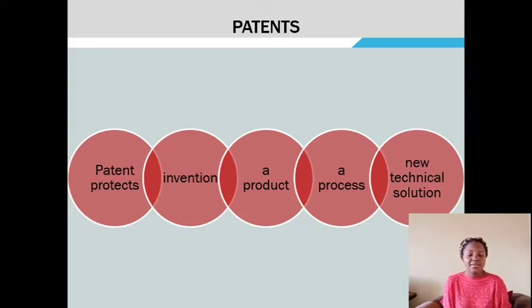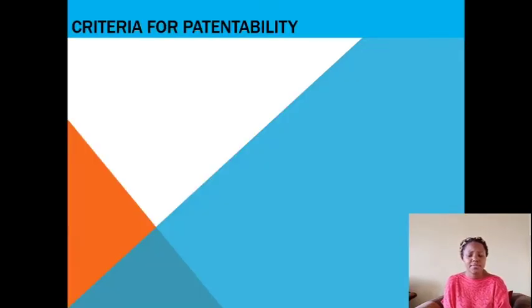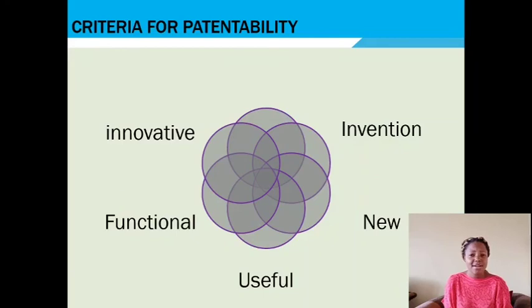The other thing is, there is a criteria for patentability. First, you have to prove that you have come up with something new, innovativeness. It shows you have been creative, there is some form of creativity involved. It is functional.